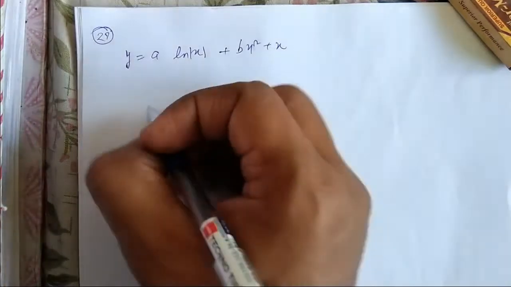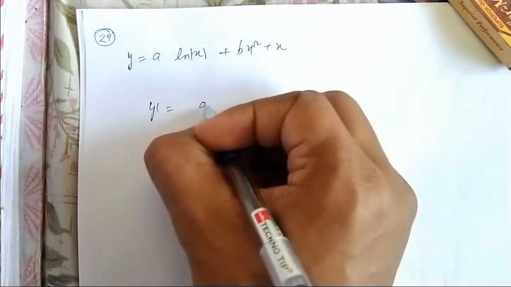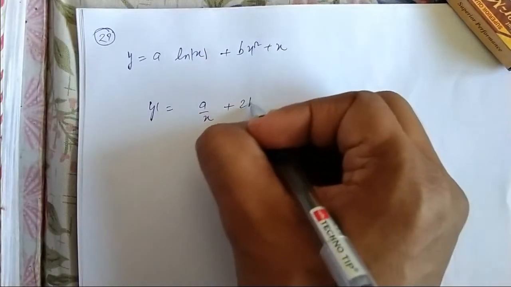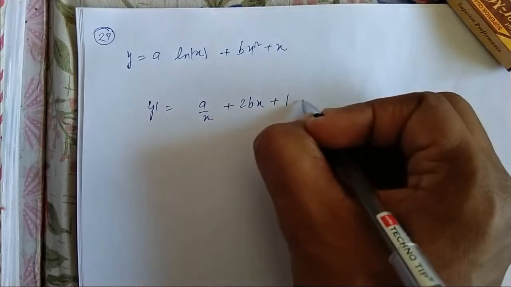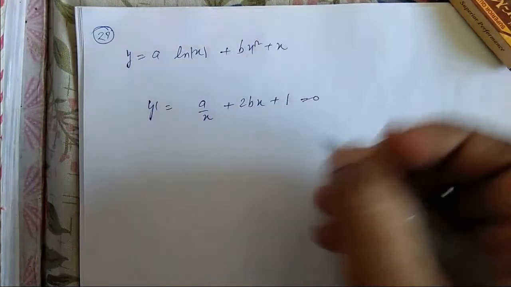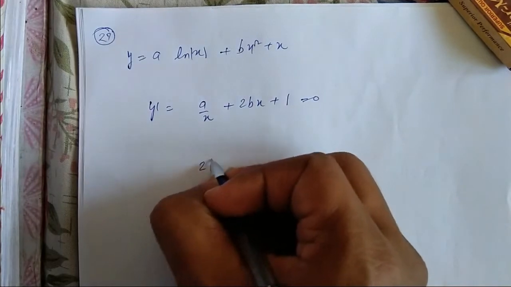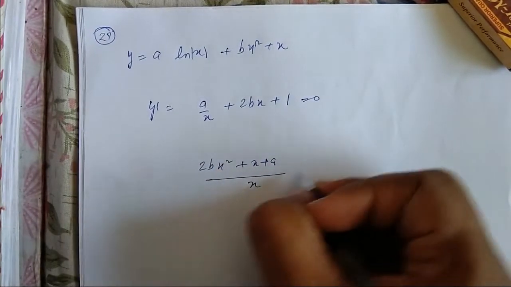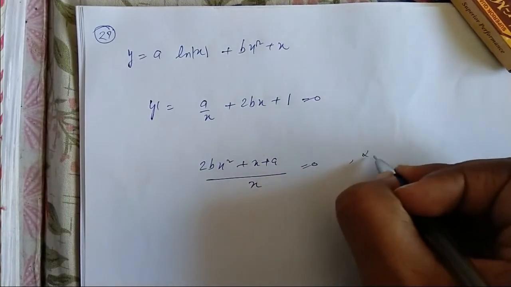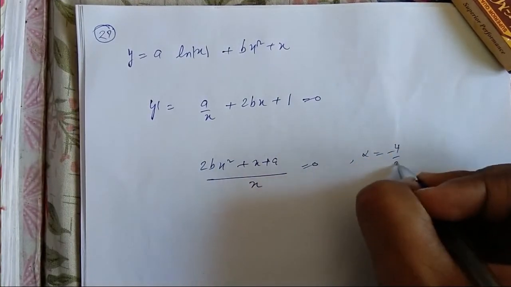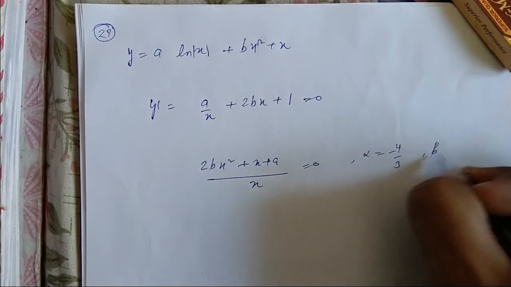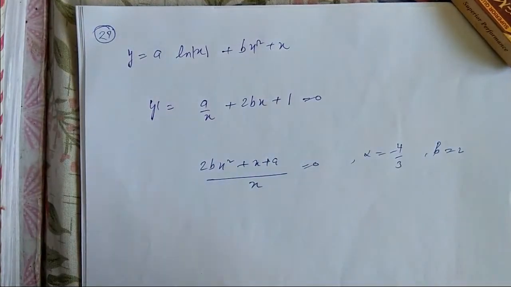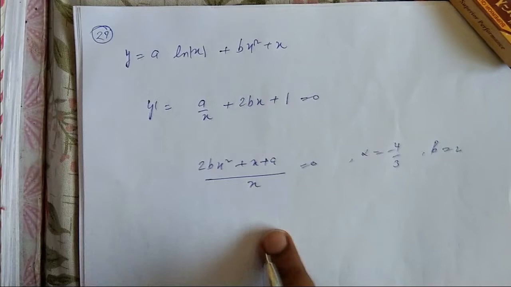First calculate y dash equal to a by x plus 2bx plus 1, which is equal to 0. So 2bx square plus x plus a upon x is equal to 0. Alpha is equal to minus 4 by 3 and beta equal to 2. Using sum of roots and product of roots, we can calculate the values of a and b from over here.